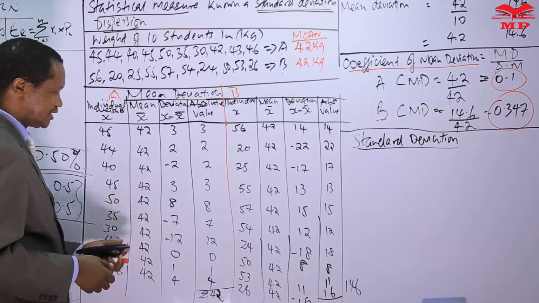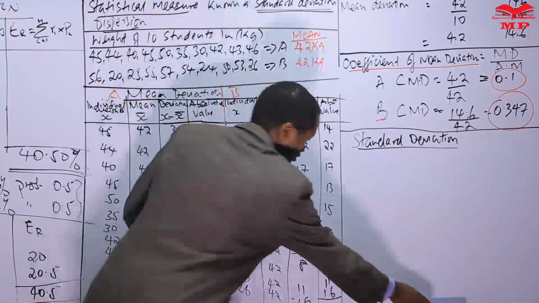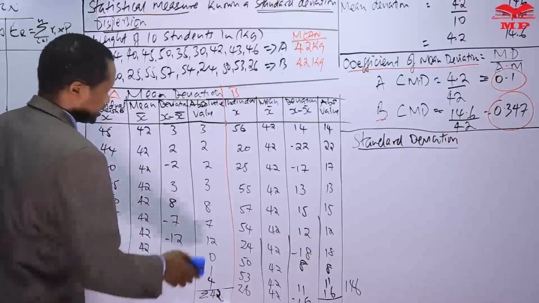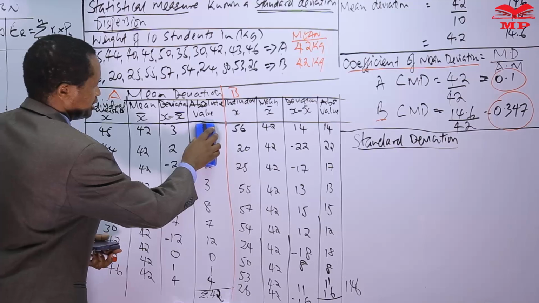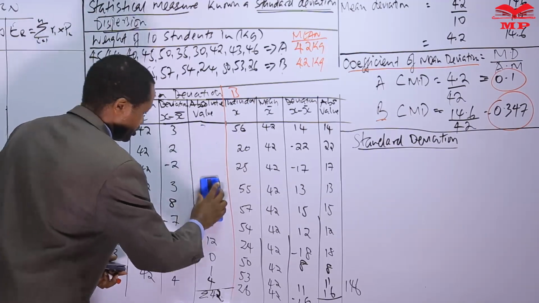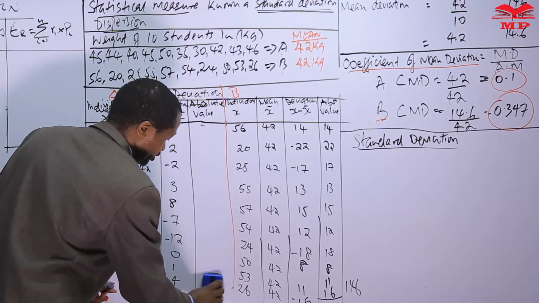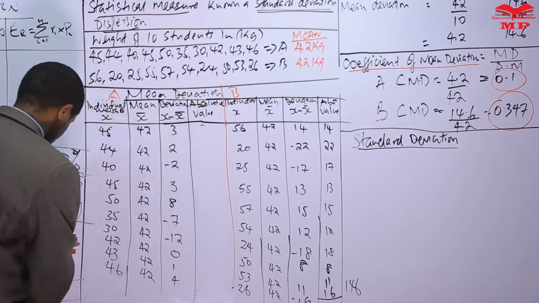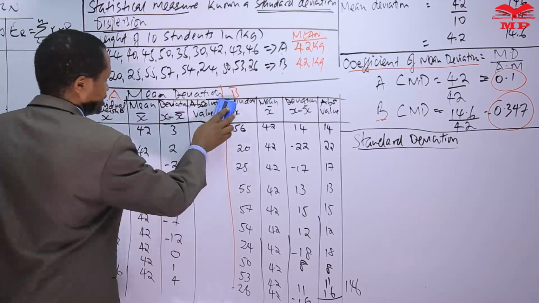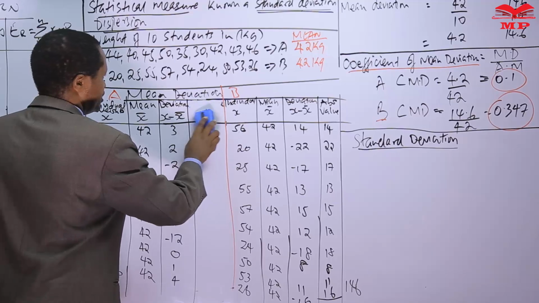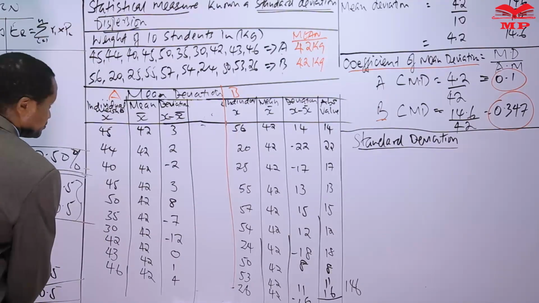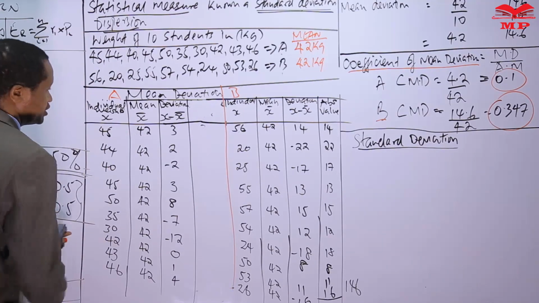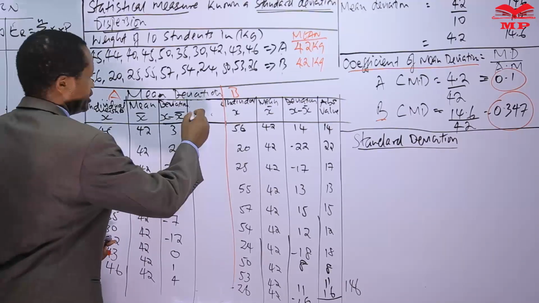Like in class A, we need to square the deviations. So you simply square the deviations.